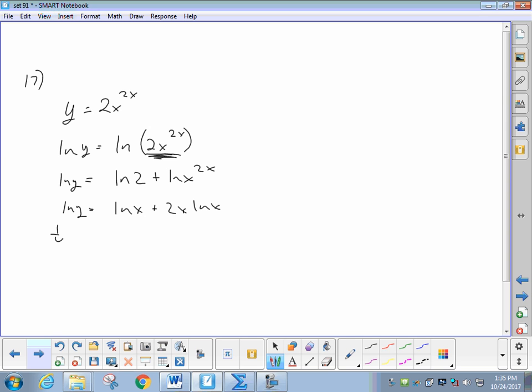Now if I differentiate, oops, this is a 2, sorry, that natural log 2 goes away, bye-bye, and it's just 2x, 1 over x, plus 2 natural log of x. That might be it then. Y is 2x to the 2x, 2 plus 2 log of x.